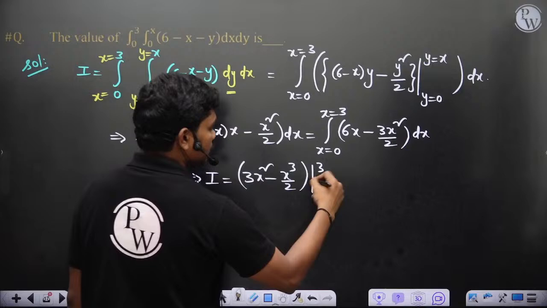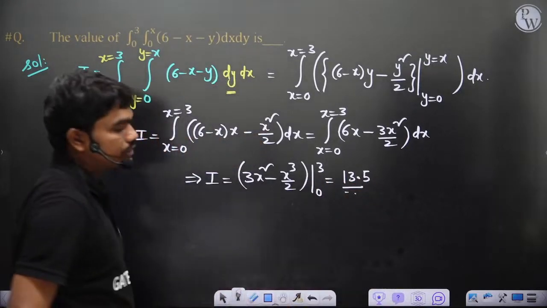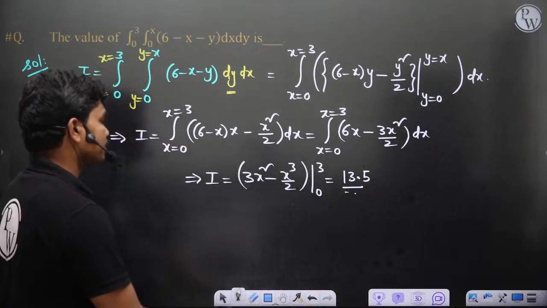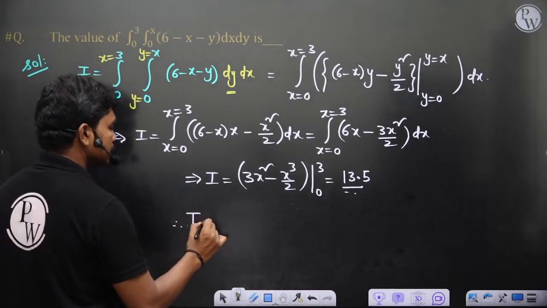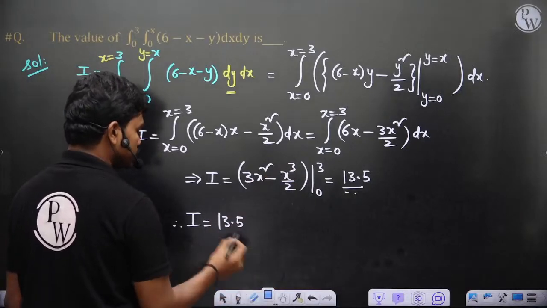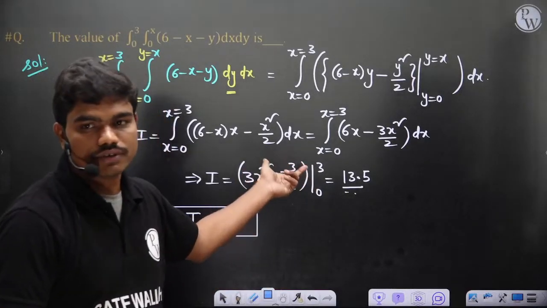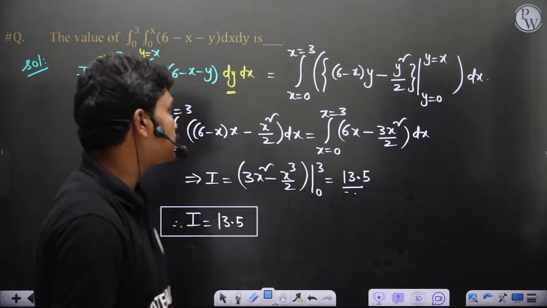If you put in, 27 minus 27 by 2, so 13.5 is the answer. Therefore I is equal to 13.5, because 27 minus 27 by 2 is 13.5 clearly. Single variable integrations you are very familiar with now, so you can do it.